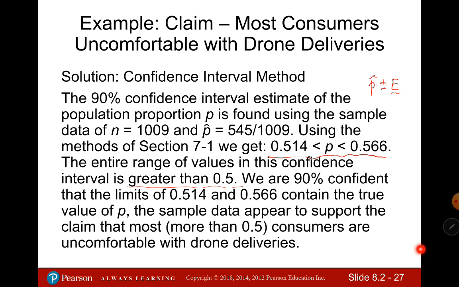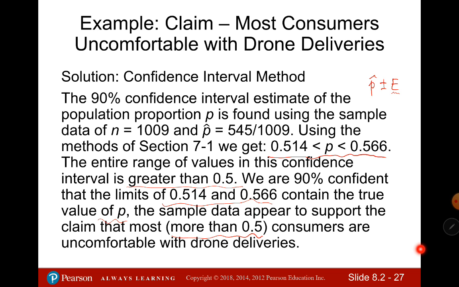Then we say we are 90% confident that this interval contains the true value, and the true value is more than 0.5, because the whole range is greater than 0.5. So this time we get the same conclusion as the previous two methods, the p-value method and the critical value method. But this is not always the case.